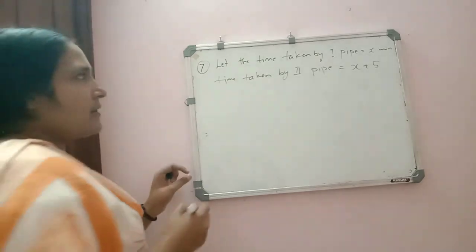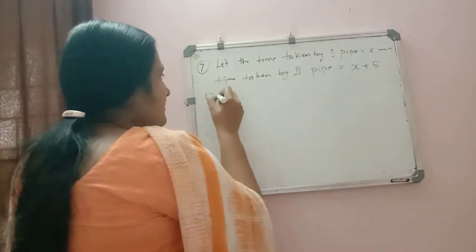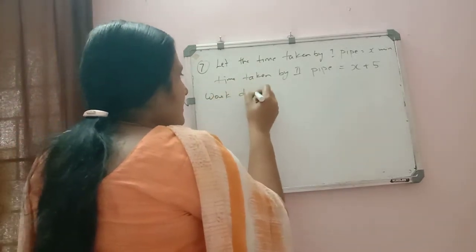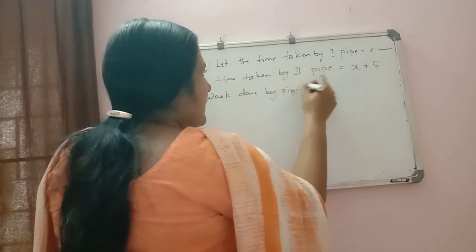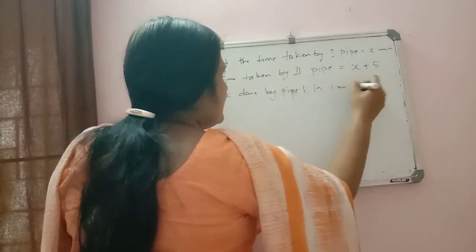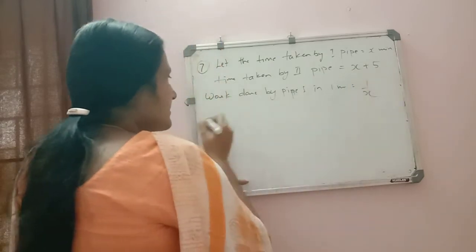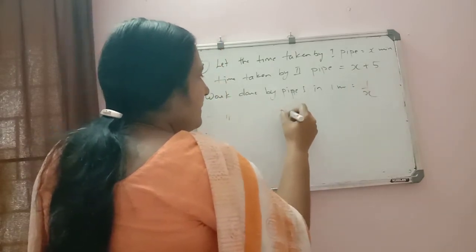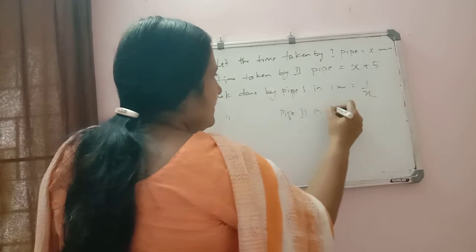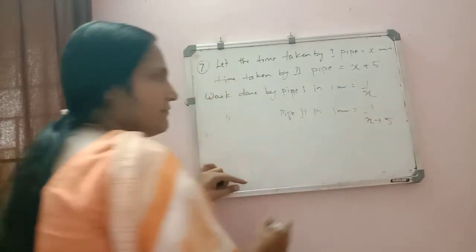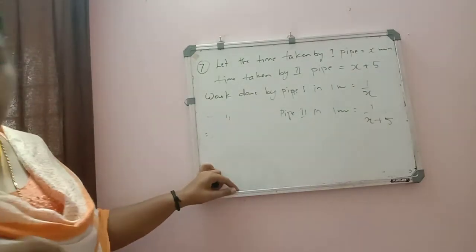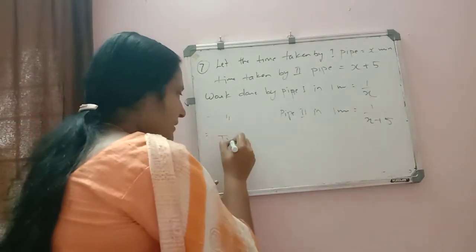Now we'll write work done by pipe 1 in 1 minute is equal to 1 by x. Similarly, work done by pipe second in 1 minute will be equal to 1 by x plus 5. And total time taken, it was given 11 by 9.